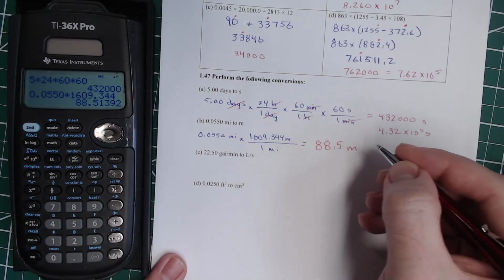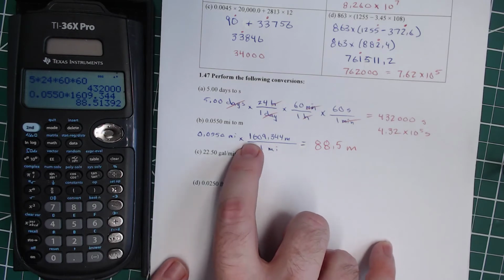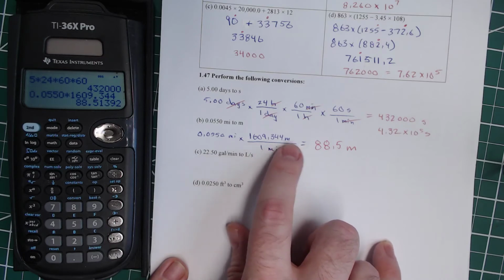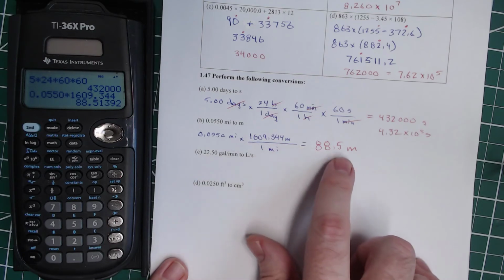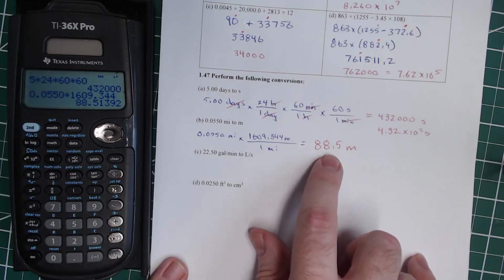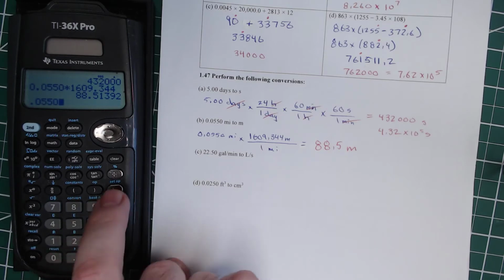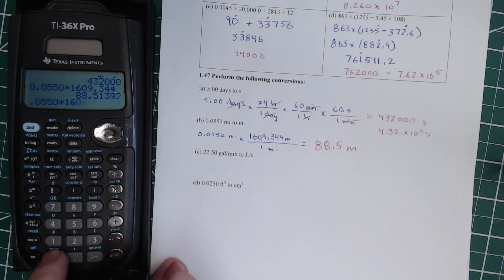So 88.5 meters. Now, if you hadn't written down this whole conversion factor, let's say you had written down just 1,609. You didn't write down the 0.344. Chances are you're going to come out pretty close to the same answer, and you'll probably have the same answer with that many sig figs. So I'm going to do 0.0550 times 1,609.